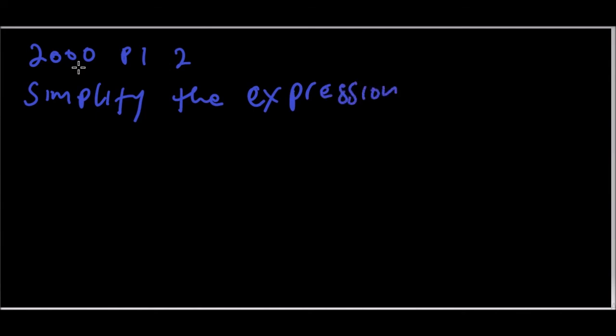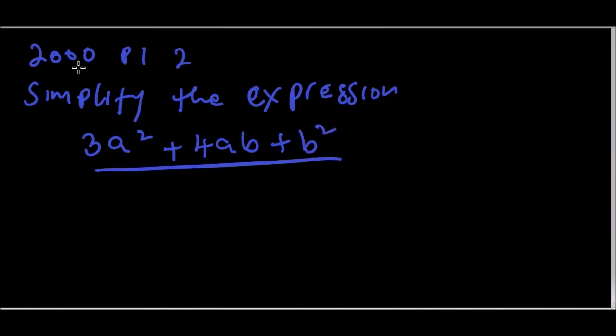The expression is 3a squared plus 4ab plus b squared, you divide by 4a squared plus 3ab minus b squared. So with what we have learned, you should be able to do that, and that's the first one.